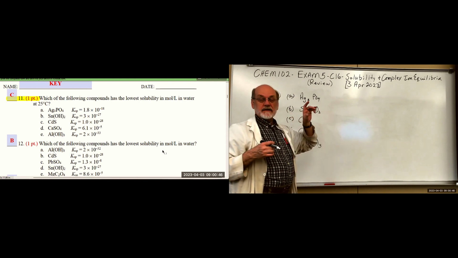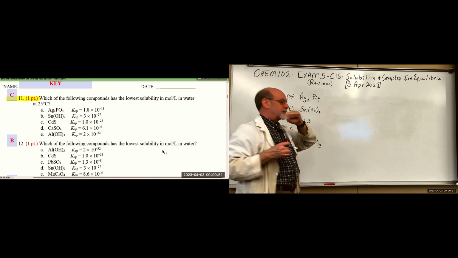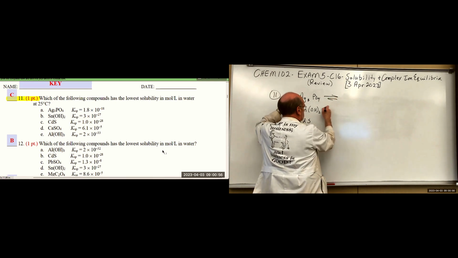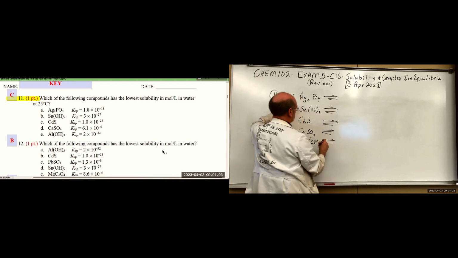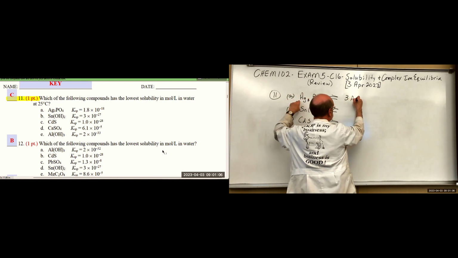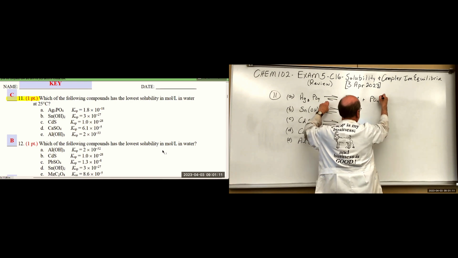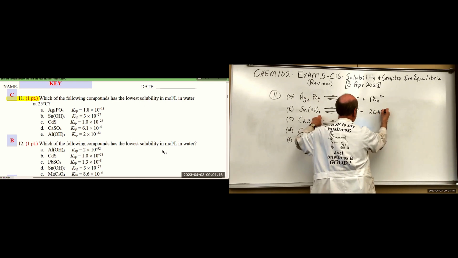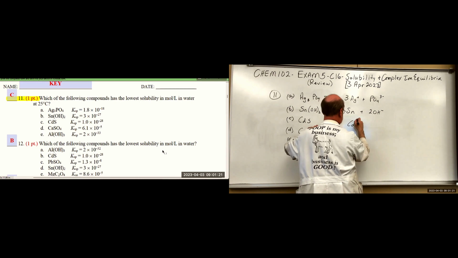Okay. I just had to think for a second. We're going to do the same operation on each one of these. So this one's going to produce 3 silvers. I'm going to leave off the aqueous part in the interest of time. Then we have the tin, we have the 2 hydroxyls, and we have the cadmium, and it's 2 pluses.